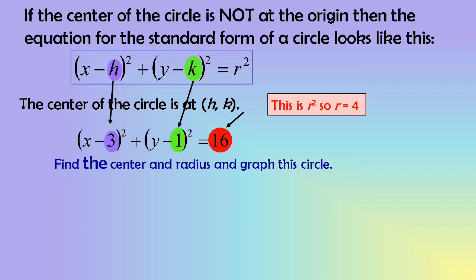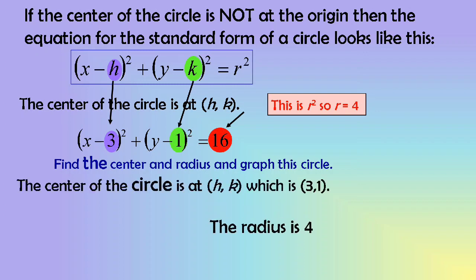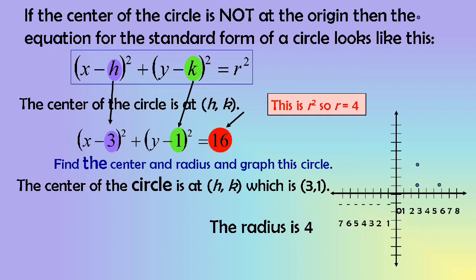Getting the square root of 16, your radius is equal to 4. So now, the center of the circle, which is (h, k), is (3, 1) and the radius is equal to 4. If we are going to graph this circle, we have the center which is (3, 1), count 4 in all directions, and sketch the graph.